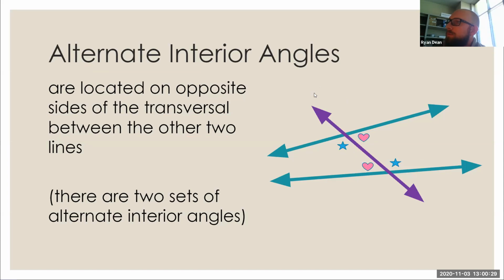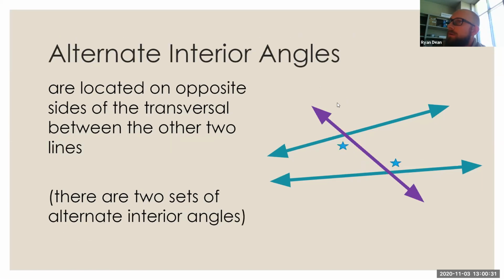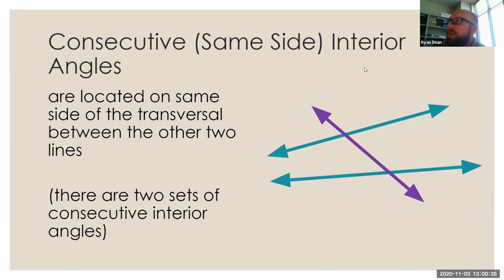Okay, next up, just making sure I didn't skip something, we have consecutive interior angles. Sometimes these get referred to as the same side interior angles. So if you see consecutive interior angles, it's the same thing as same side interior angles.